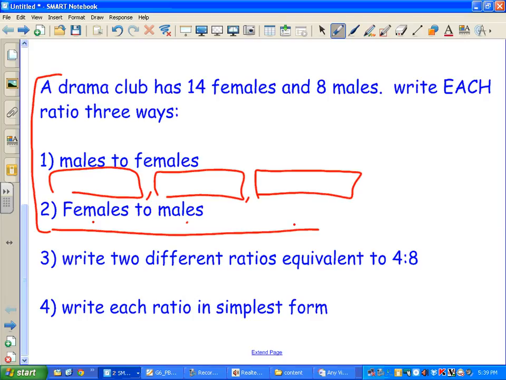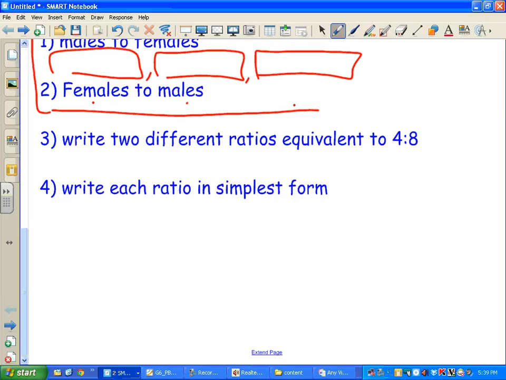We have to write 2 different ratios equivalent to 4 to 8, and I want you to write ratios in simplest form. I want you to write 8/12 in simplest form, and I would like you to write 10 to 6 in simplest form.